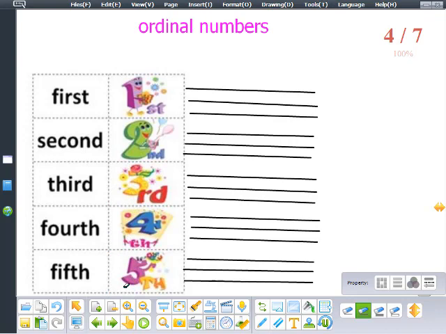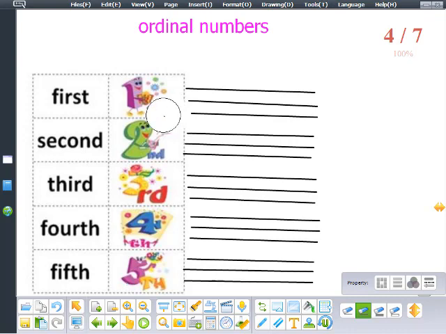What do we say about number 1? When we have an order, for example, if we want to make a train and I need 5 kids to stand in front of me, who will be number 1?